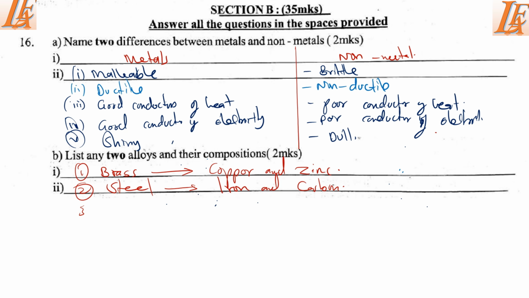Then the third one which we can list in this case is bronze. Bronze is an alloy made of copper and tin. So we have very many other alloys, but for this case, let's have this.